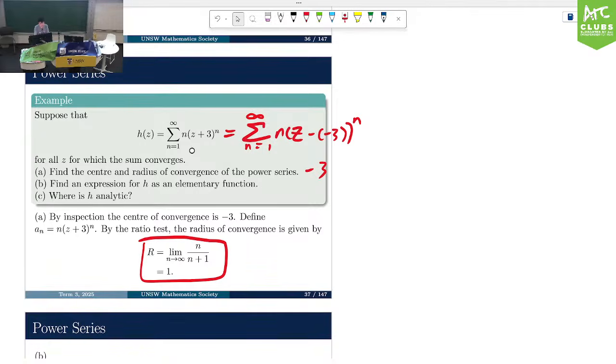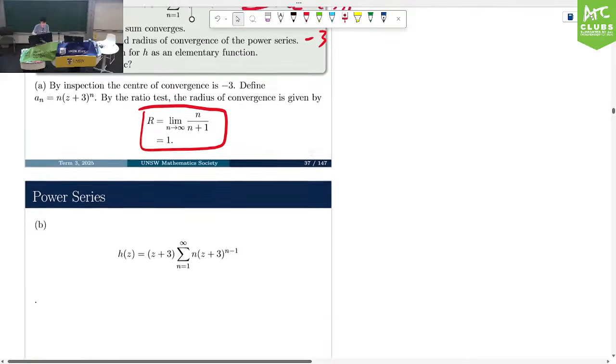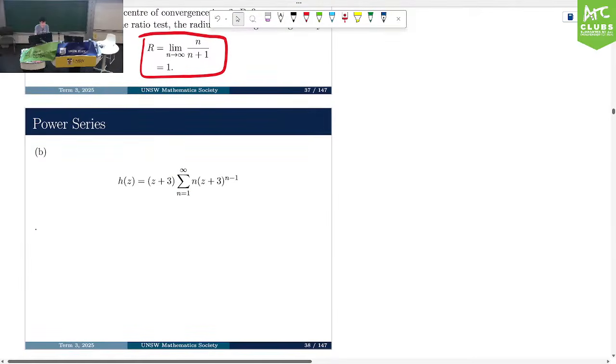When n is in front of the expression, that might be a hint for us that we should integrate. So what we can do is pull out z plus 3. This form looks like some nice antiderivative. This thing can be integrated pretty nicely, right? Even though in complex analysis, when we're talking about integration, we're integrating with respect to a contour, in this case we can just find the antiderivative because every power series is analytic and every analytic function has a power series.